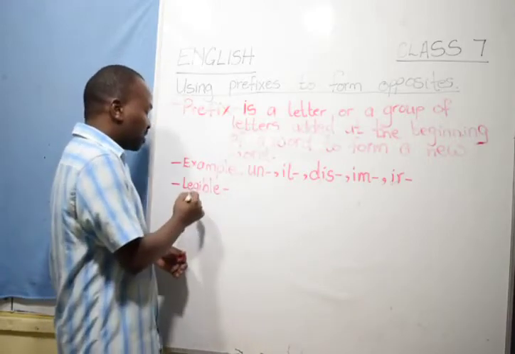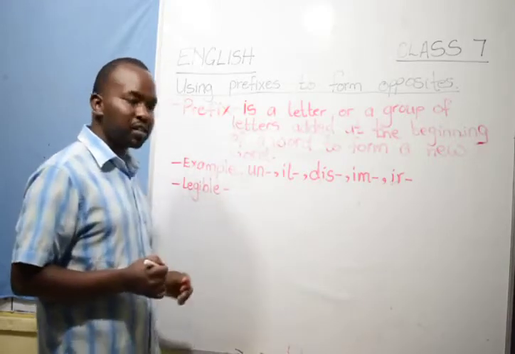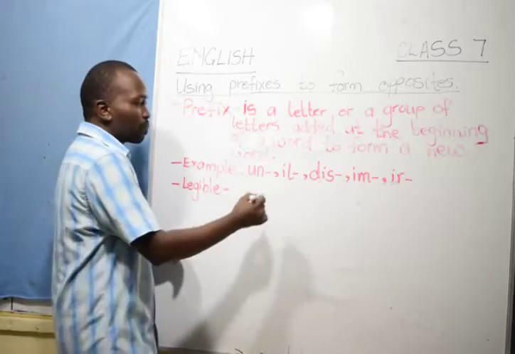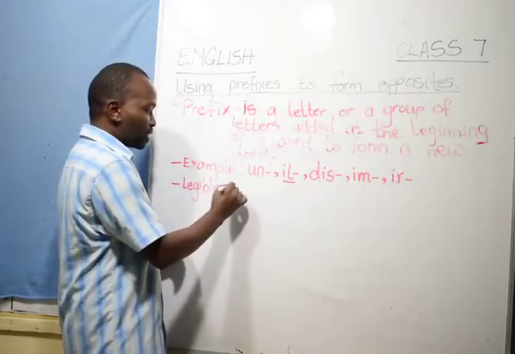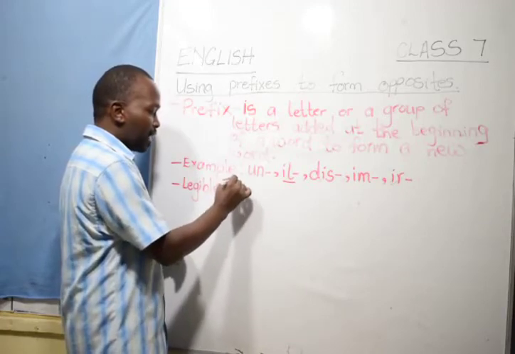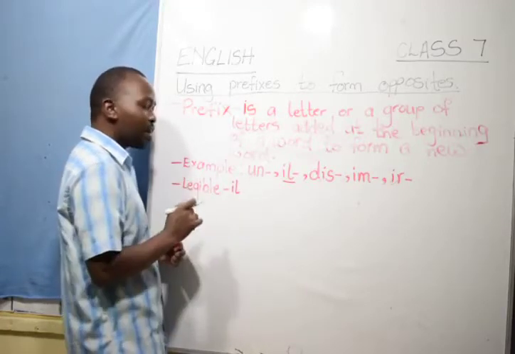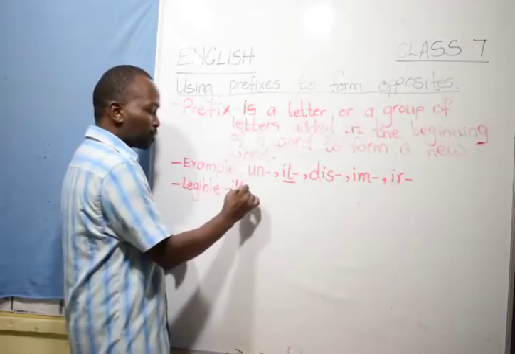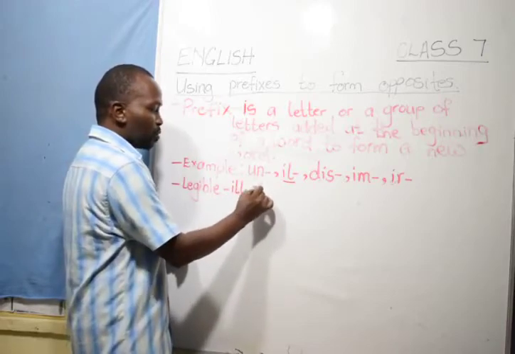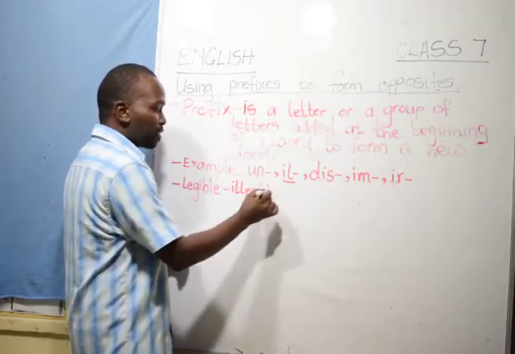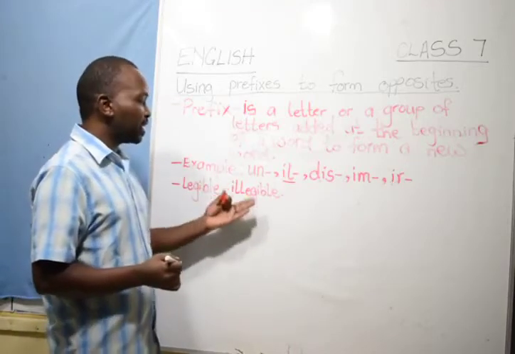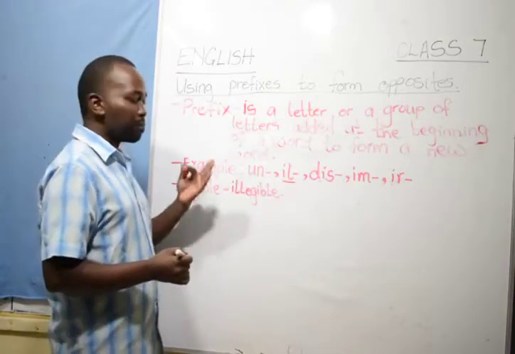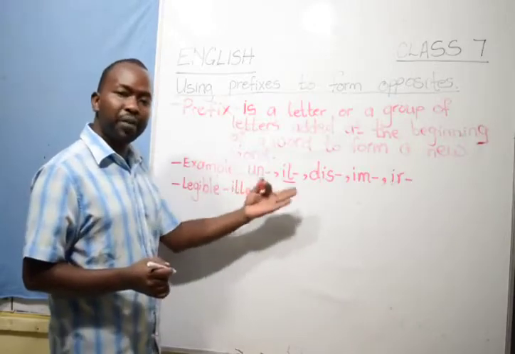Now, what if it is not able to be read? We shall use the prefix il, so we shall add il, then we write the word itself, legible. So the word will be read as illegible. Your handwriting is illegible, meaning it cannot be read.